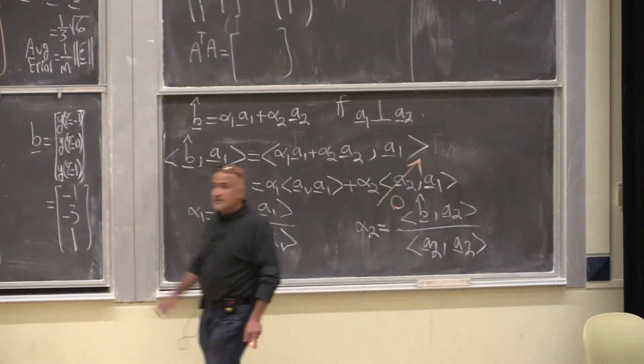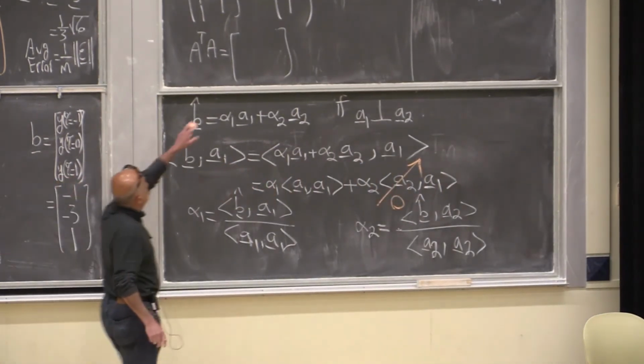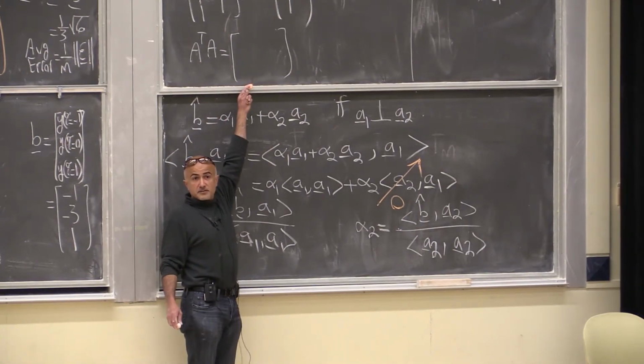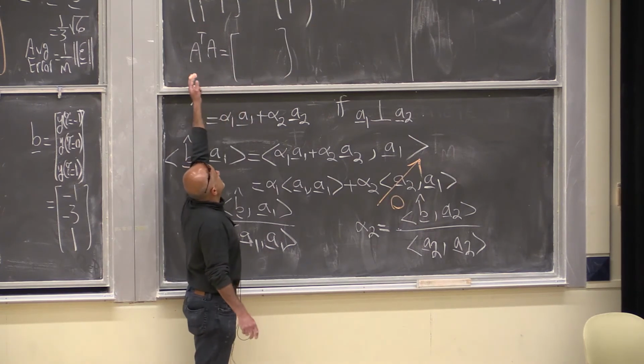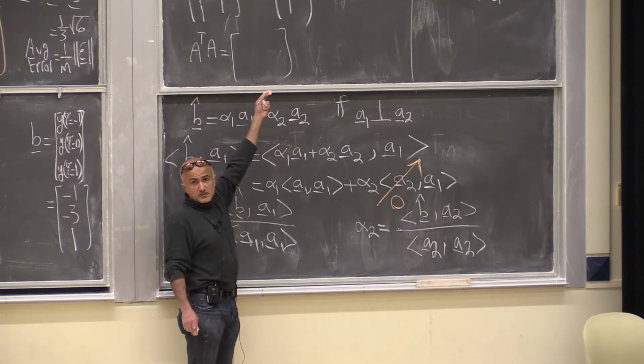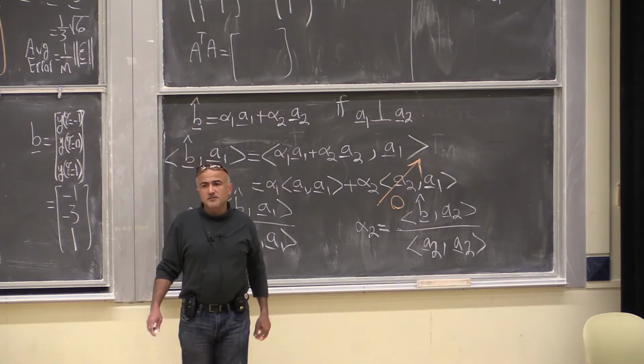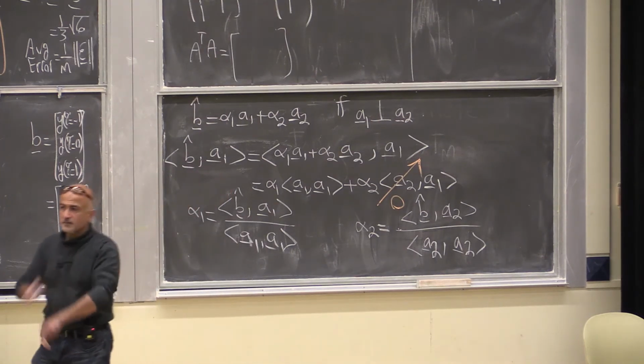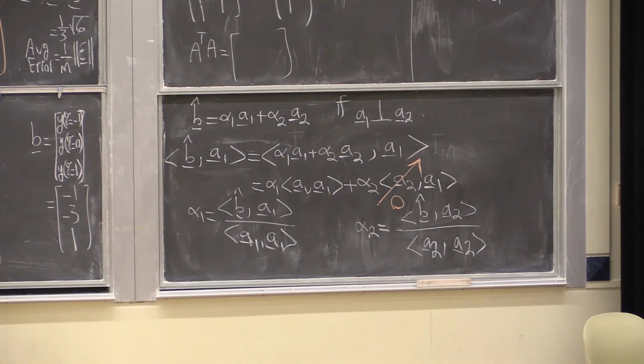So orthogonality is great. And translated into our least squares setting, it means that my A transpose A is diagonal. And diagonal matrices are much easier to invert and deal with than full matrices.